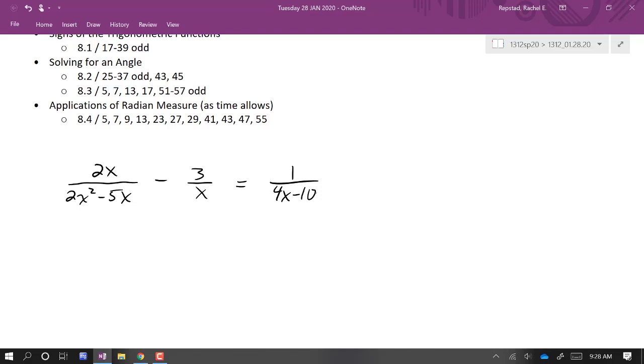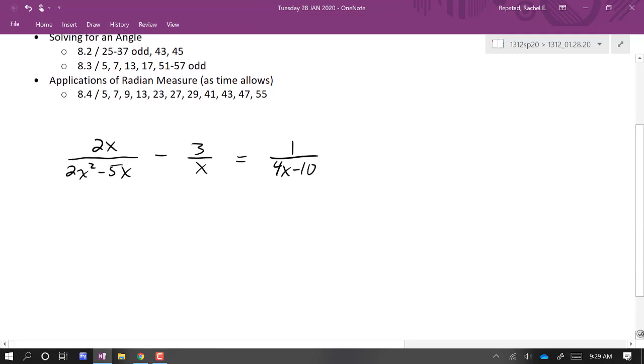Okay, before that, before we can even do that though, how do we get rid of the fractions? Yeah, we're going to factor the denominators because we've got to be able to identify what the LCD is, what the least common denominator is.